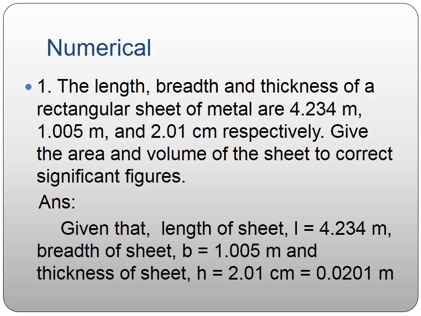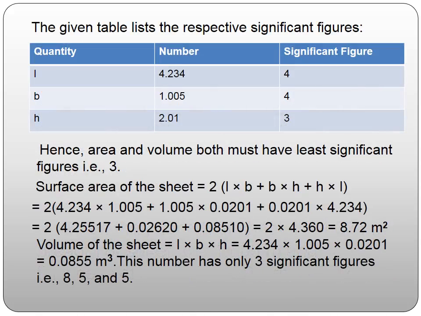It will be equal to 0.0201 meter. By the rule used in these arithmetic operations, area and volume both must have the least significant figures, that is 3, which can be noted from the table given above.